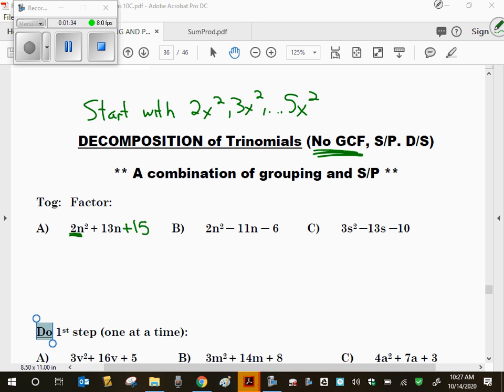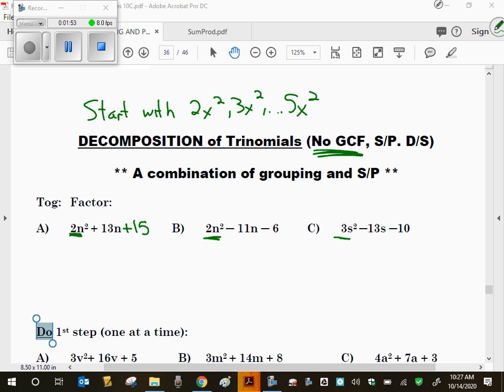It's a trinomial, put plus 15. Here's a 2n squared, you can't take a 2 out. Here's a 3, you can't divide anything by 3. You're stuck with that trinomial. If you're stuck, it's a decomposition question.